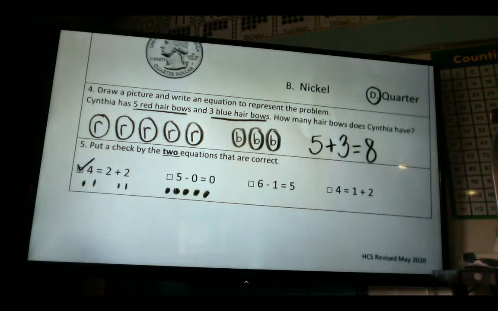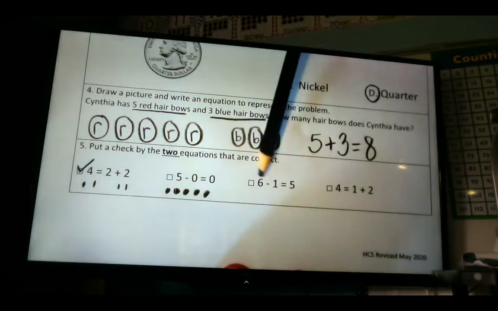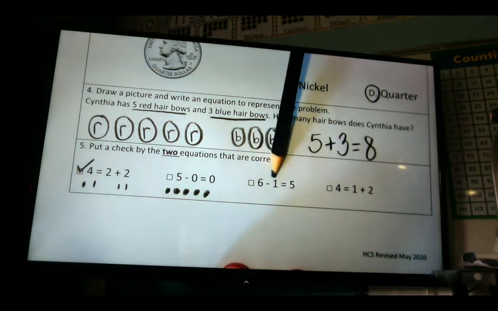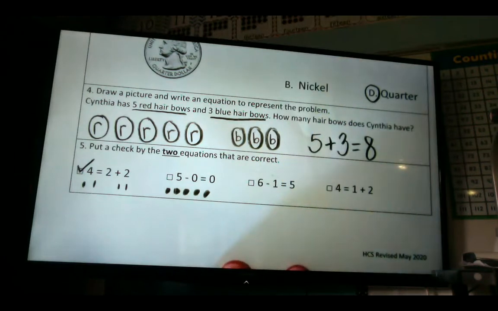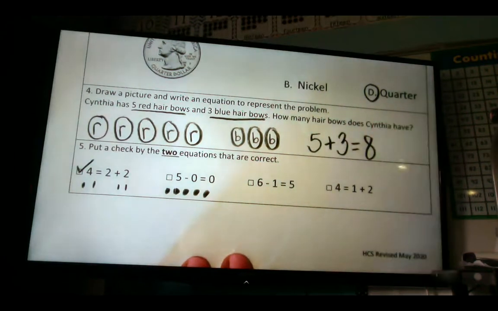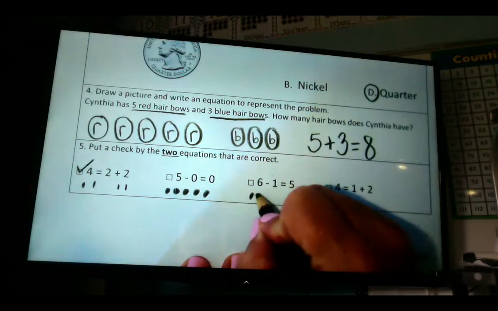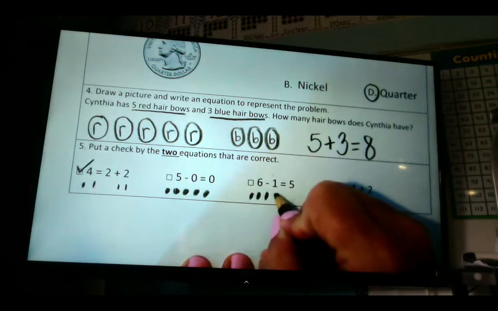Let's look at the third equation. Read it with me, please. 6 minus 1 equals 5. Let's draw a model. I'm going to start with 6.